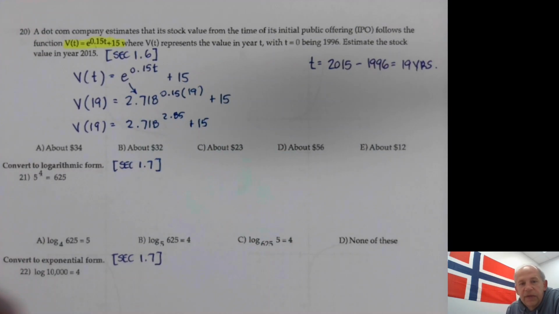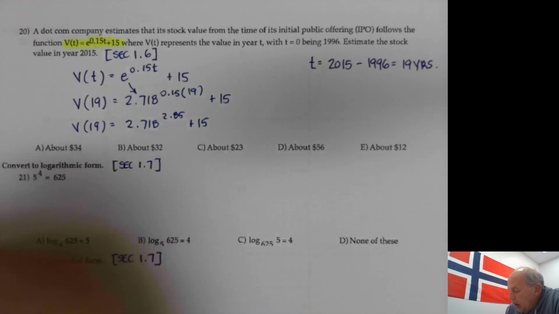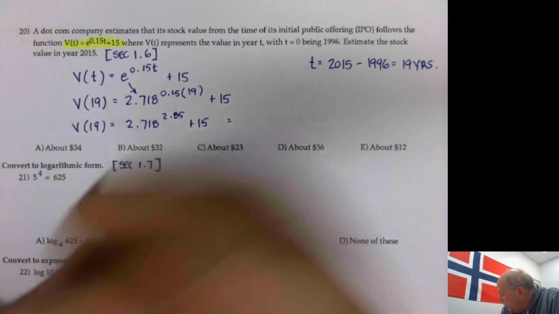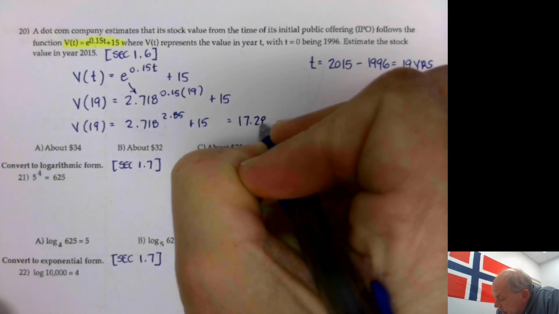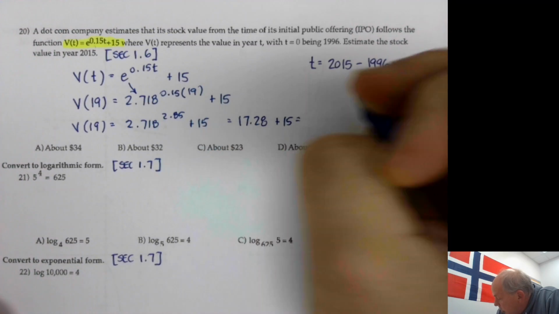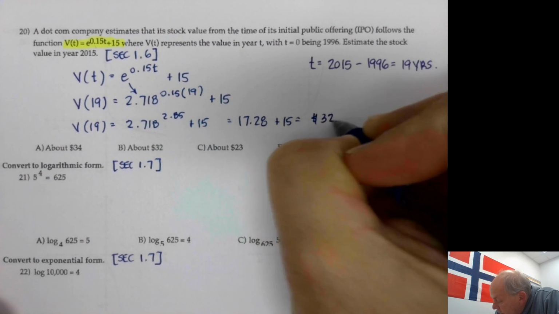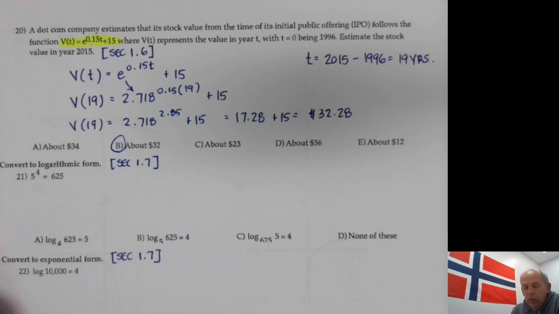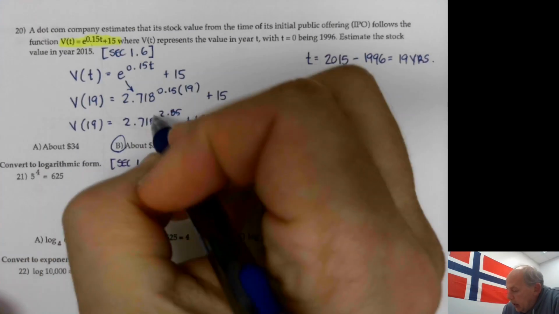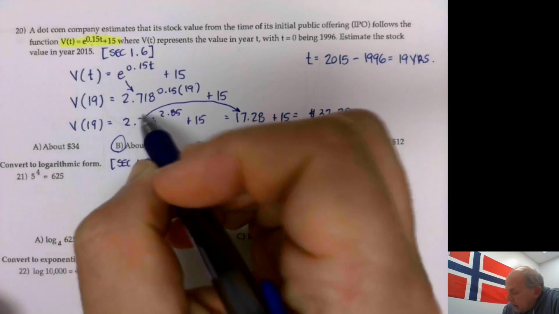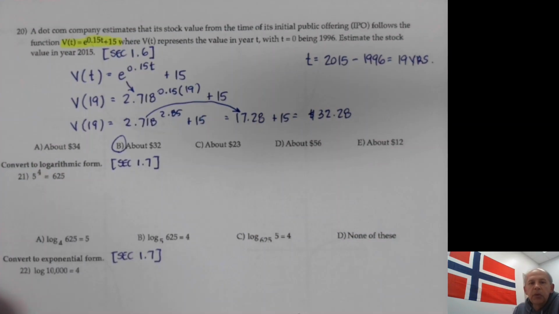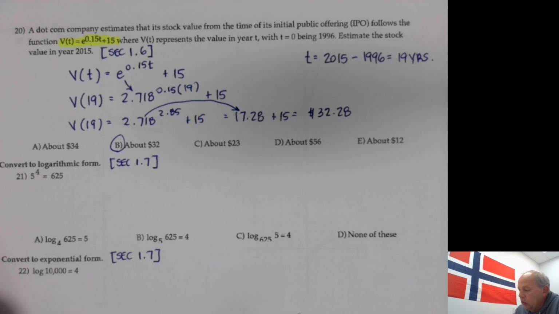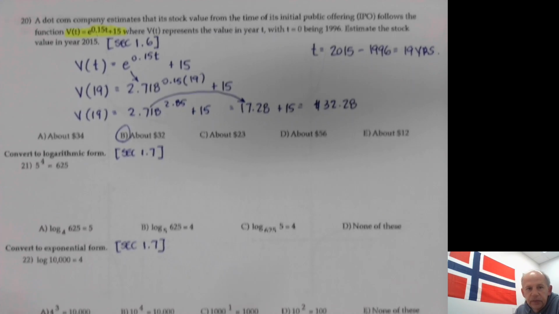I'm going to add 15 onto that. 2.718 raised to the 2.85 power is 17.28, plus 15, I would have the stock value at $32.28, or about $32. Again, that value is found in my calculator using the exponent key, the x to the y key, or the caret key, depending on what type of calculator that you have.